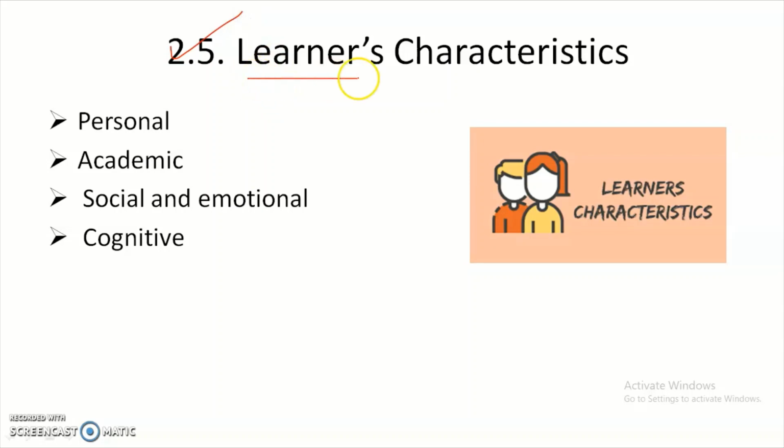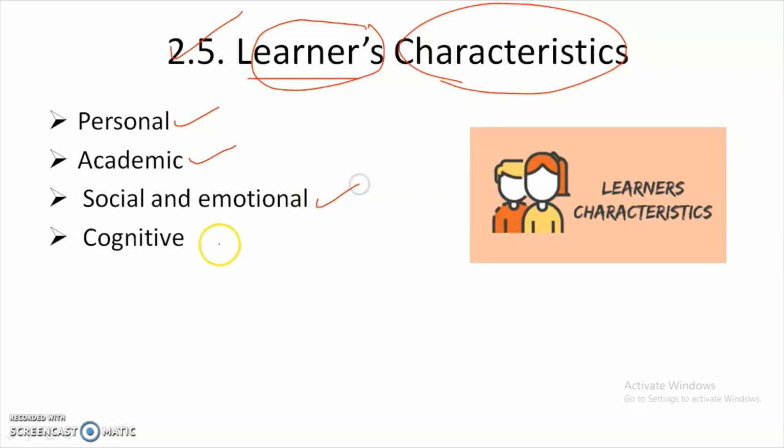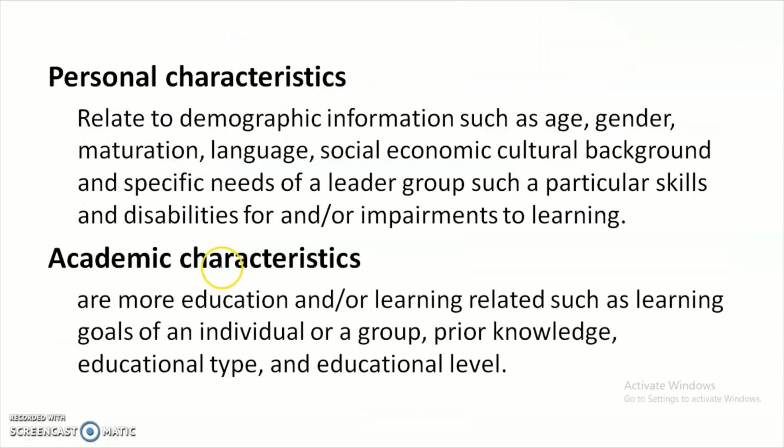Learner's characteristics depend upon the personal, academic, social and emotional, and cognitive. I will explain these in a simple way, and later we will see the definitions. Personal means it depends upon the maturity levels of the individuals and the demographic information.